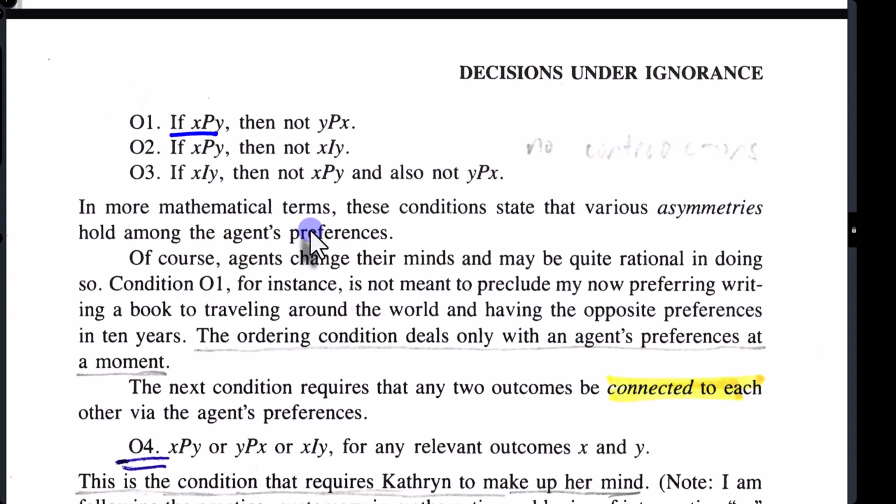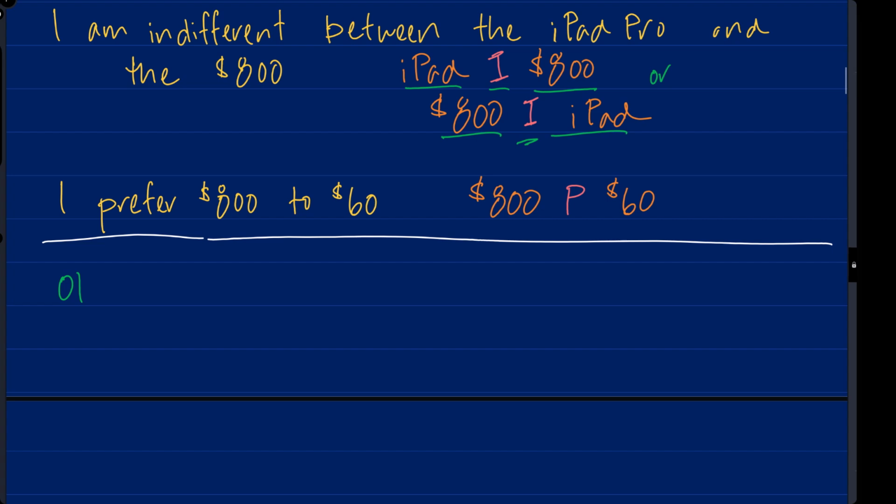If some agent prefers X to Y, so X and Y are the two outcomes or the two alternatives that we're considering, so if someone prefers outcome X to outcome Y, then they don't prefer Y to X. So for me, I prefer Rome to the iPad, getting the trip to Rome to getting the iPad.